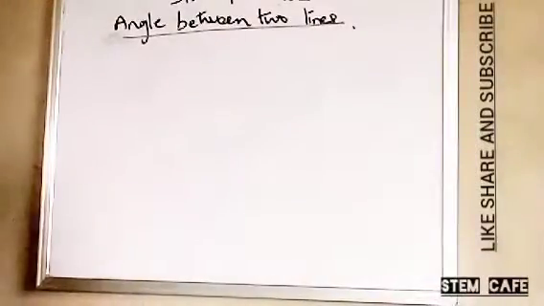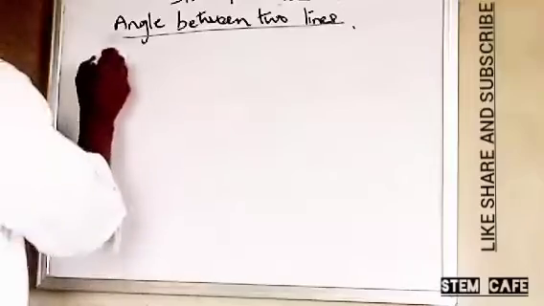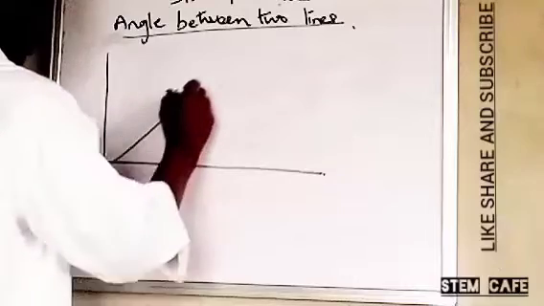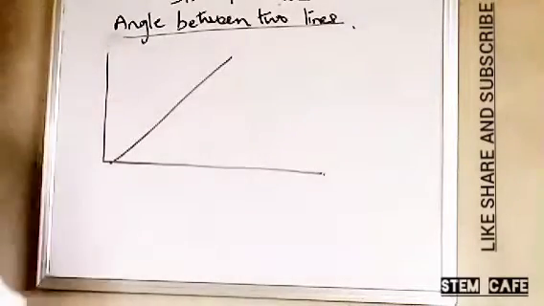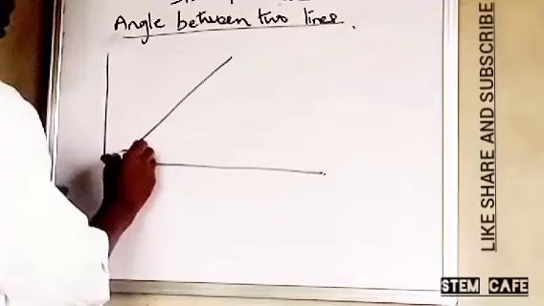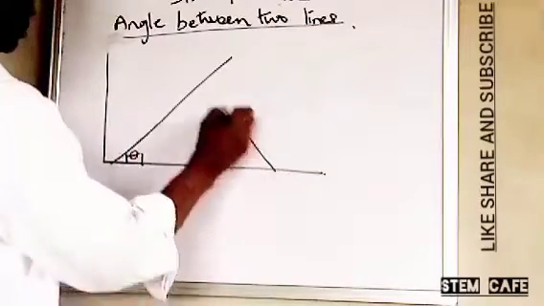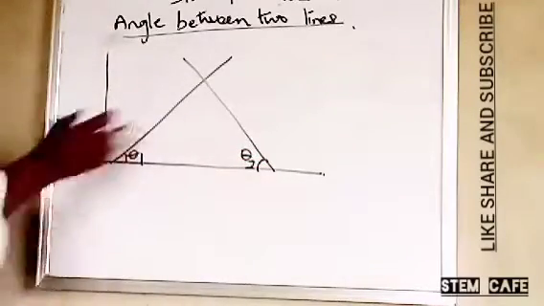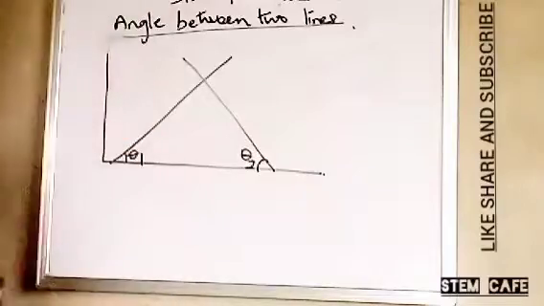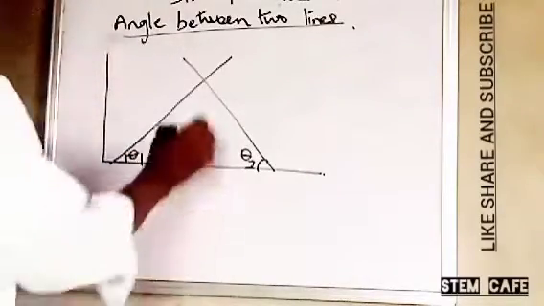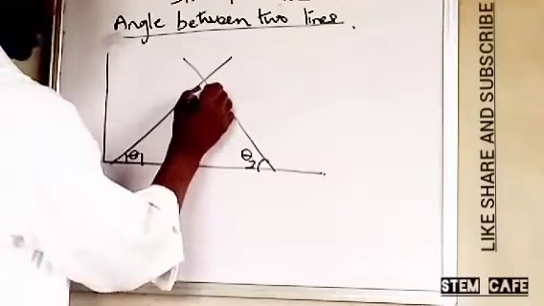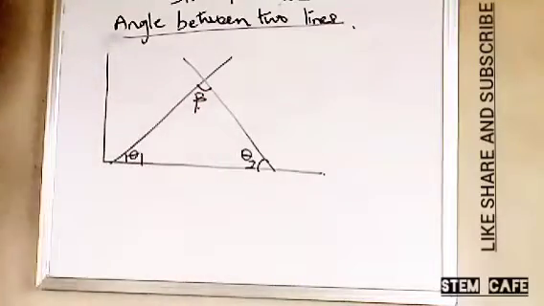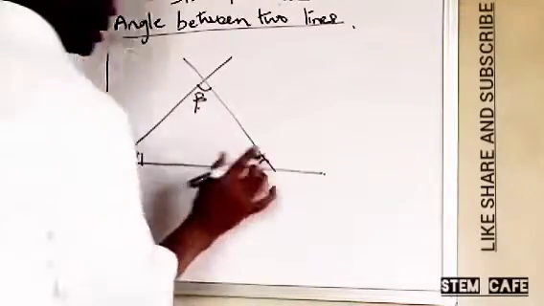Now let's talk about the angle between two lines. We have a line making angle theta 1, and another line making angle theta 2. We have established that the thetas are the arctan of the gradients. Now we want to find this angle here. Let's call this one beta.